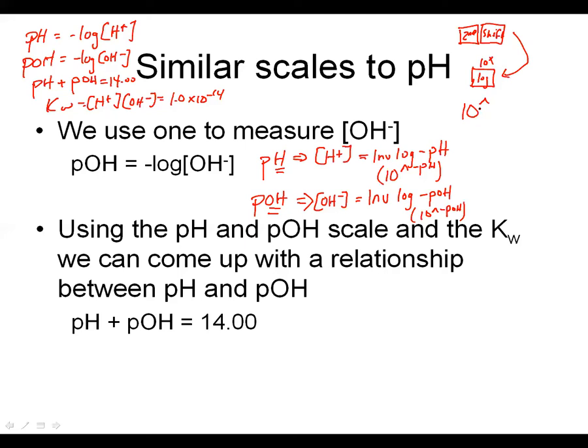Some calculators have a dedicated button for that, but most you have to hit the second or shift button along with the log button to get to that 10. And you also want to make sure you use your negative button, not your subtract button, to make it negative, and then pH or pOH.